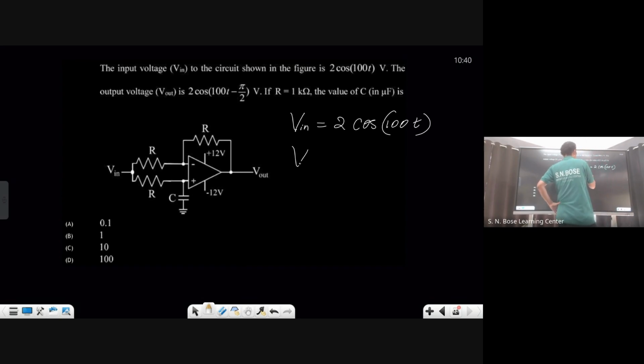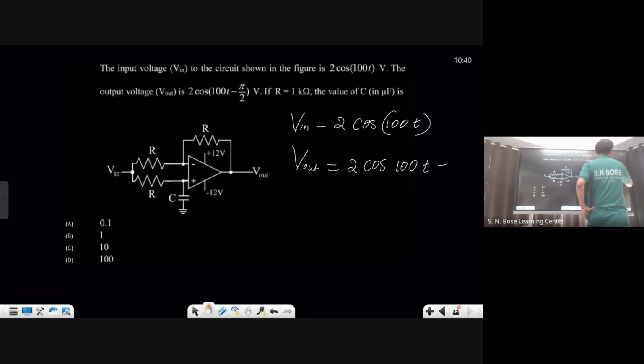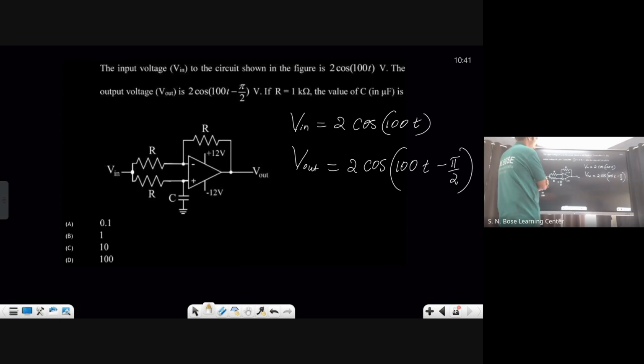Output voltage is 2 cosine of 100t minus pi by 2. Value of C is? Phase difference is known.